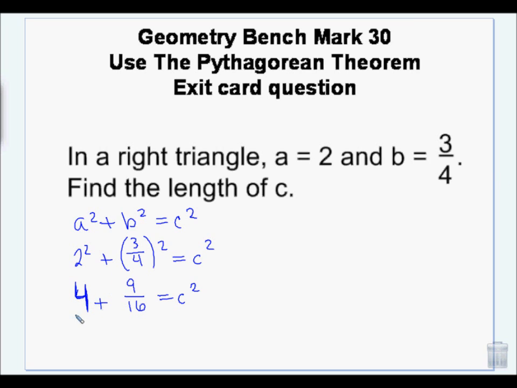So what I'm going to do is multiply 4 times 16, and that's going to give me 64. So this 4 becomes 64 16ths plus 9 16ths is equal to c squared. So I'm going to add 64 plus 9, and I'm going to get 73.